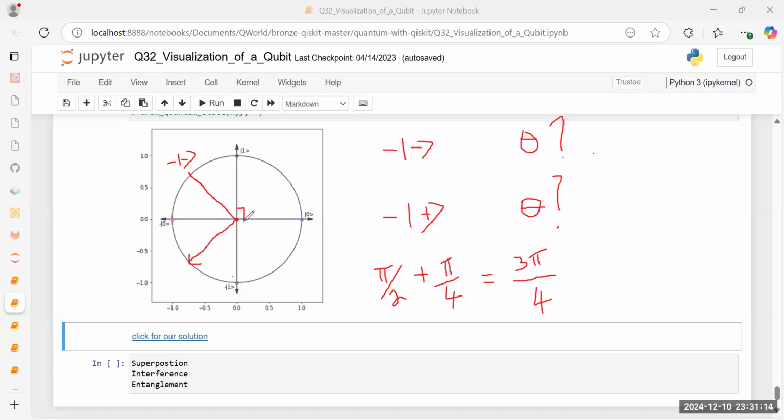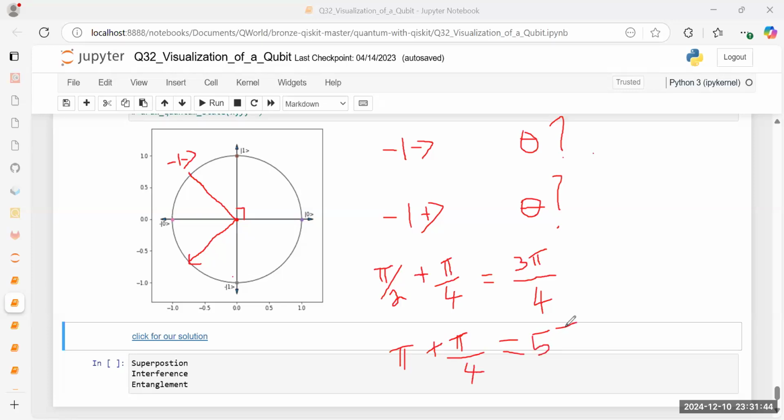And for the location here, we have pi, and then we have pi over 4. So we have pi plus pi over 4. So this will give us 5 pi over 4.